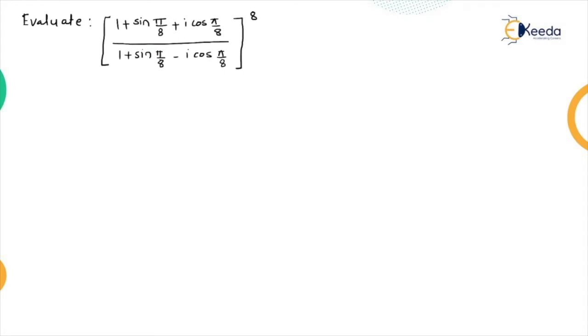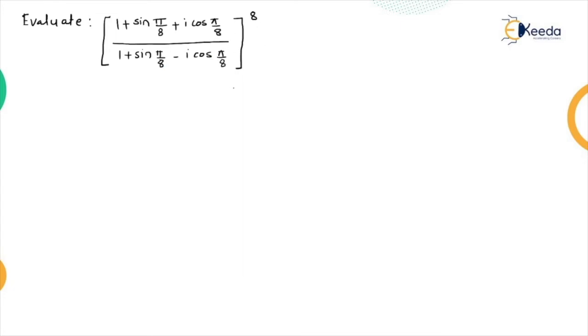So let's see. You have to evaluate (1 + sin π/8 + i cos π/8) divided by (1 + sin π/8 − i cos π/8), the whole bracket to the power 8.